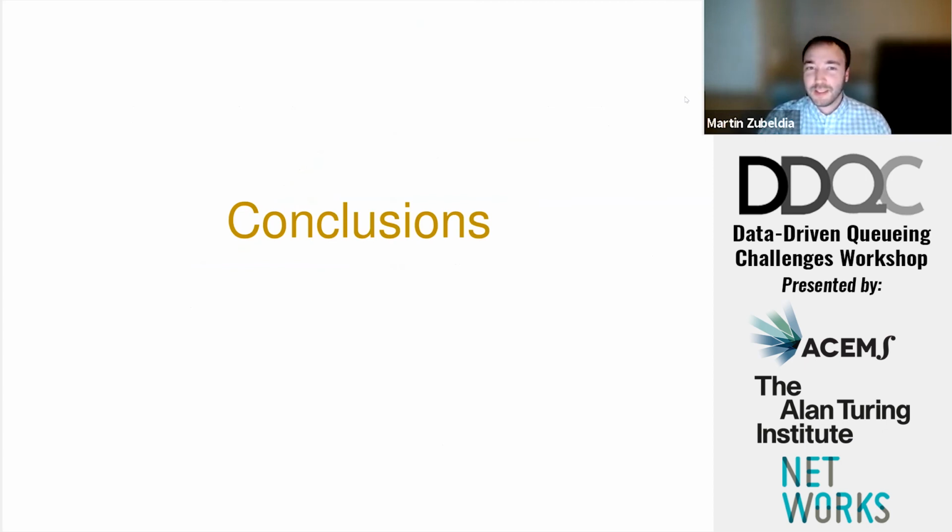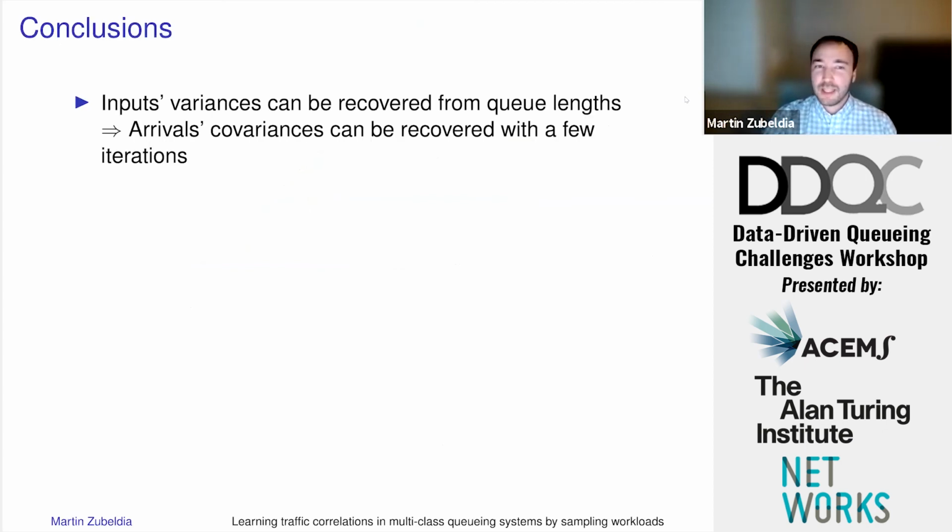So to conclude, we showed that the input variances can be recovered from the queue lengths, always. The arrival covariances can be recovered with just a few iterations. For different routing matrices, you do different estimation steps and you get them all.